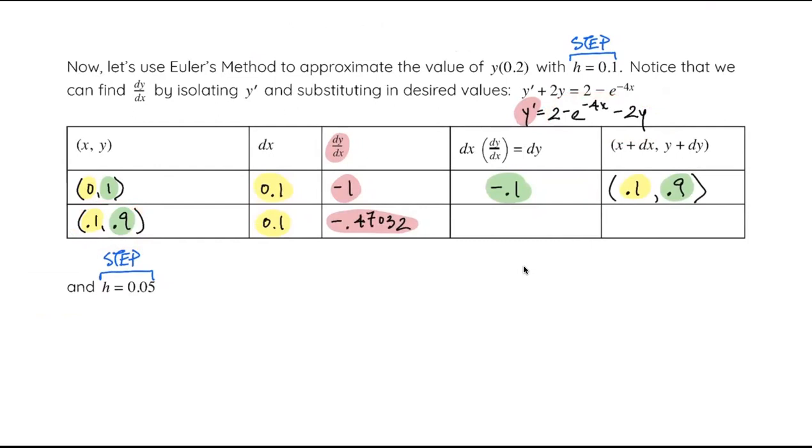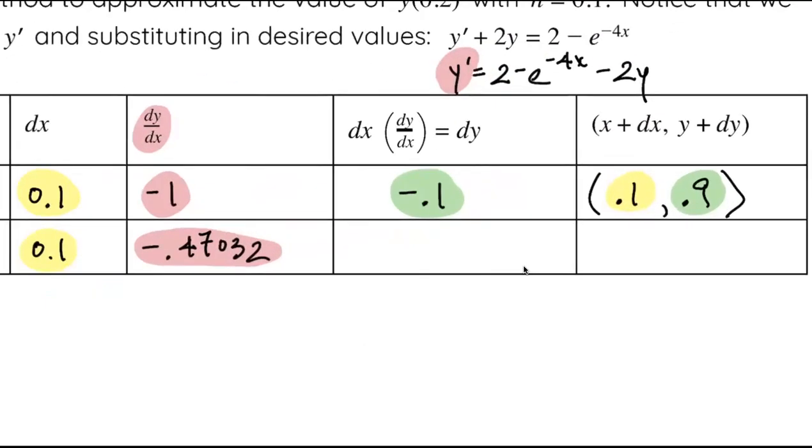But in order to find my dy, I need to take dx and multiply it by dy dx. So I'm going to take this yellow and this red and multiply them. And when I do that, I get negative 0.047032.